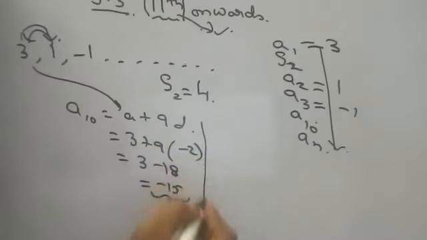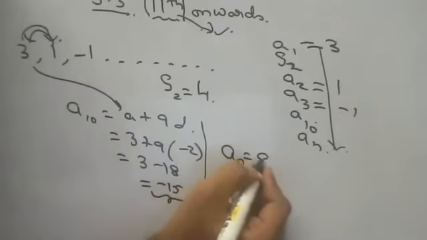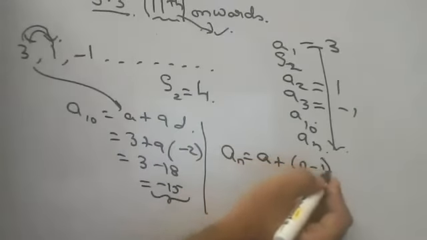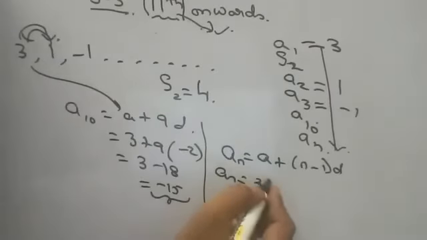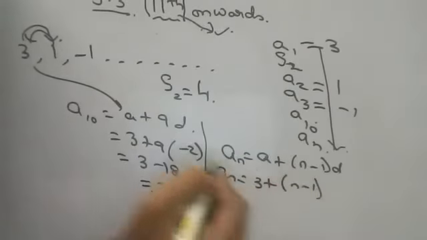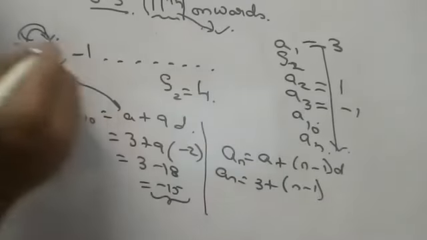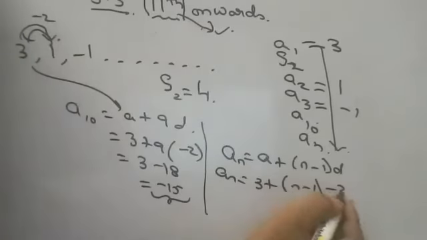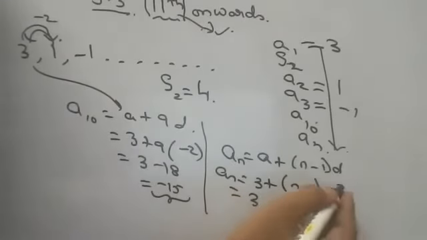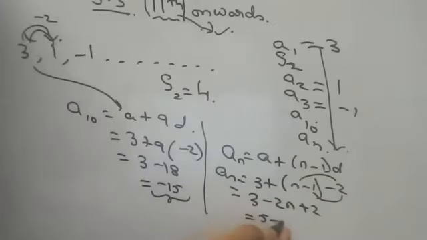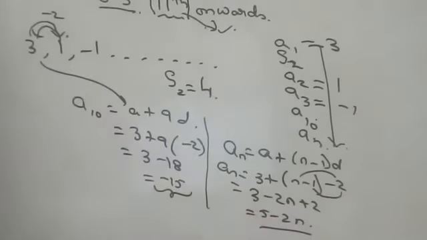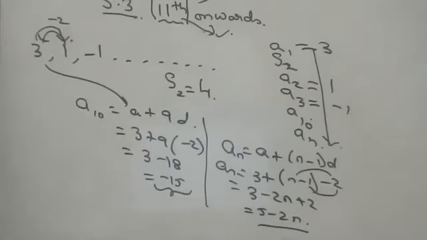Okay, an. What is an, children? The nth term is A plus n minus 1 into d. An is equal to, A is how much? 3 plus n minus 1 into d. D is how much? Minus 2. So 3 minus 2n plus 2. 5 minus 2n is the nth term of the series.